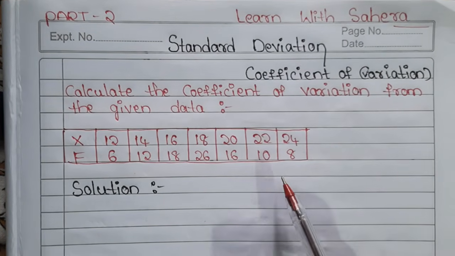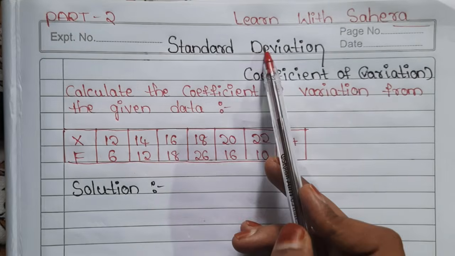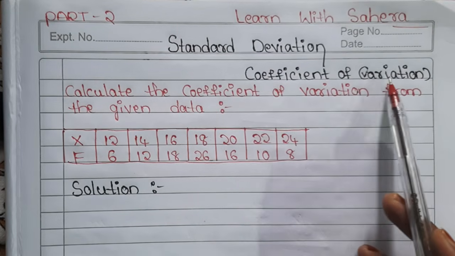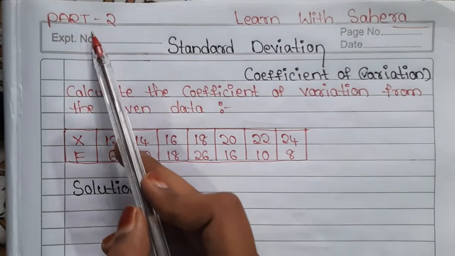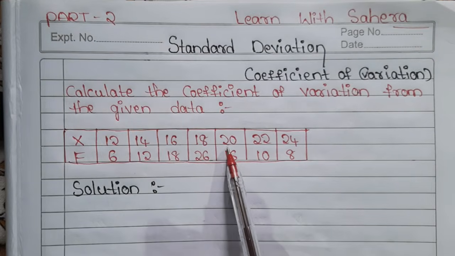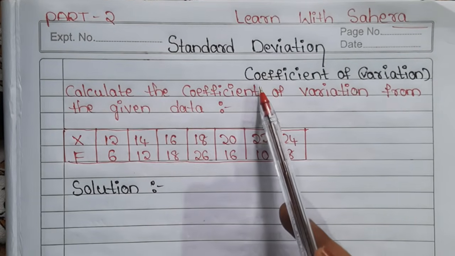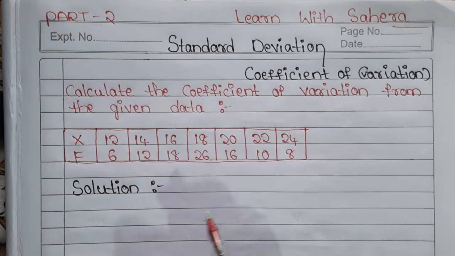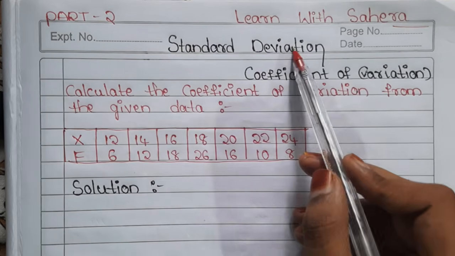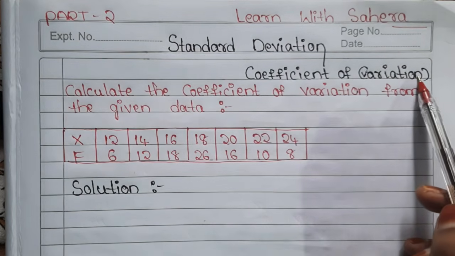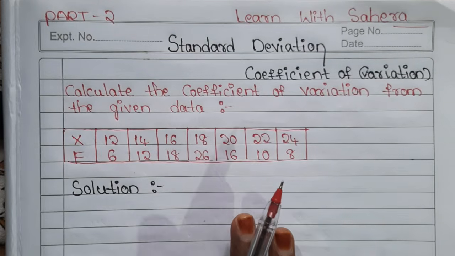In this video, we are going to see the calculation of standard deviation and its coefficient of variation. This is part 2, which you are seeing now. Already I have uploaded part 1, in which we have seen standard deviation and its coefficient. Sometimes in the examination they will be asking standard deviation and coefficient of variation, which we are going to see in this video.